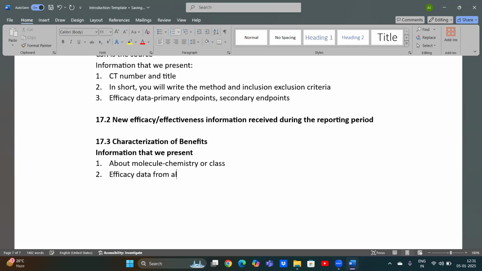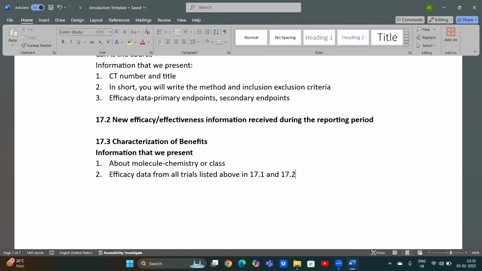Provide the efficacy data from all trials listed above in 17.1 and 17.2. Not the whole thing that you presented in 17.1 and 17.2, but only the main primary efficacy endpoint in oncology trials, or perhaps a registrar score reduction in DRESS or SJS symptoms.